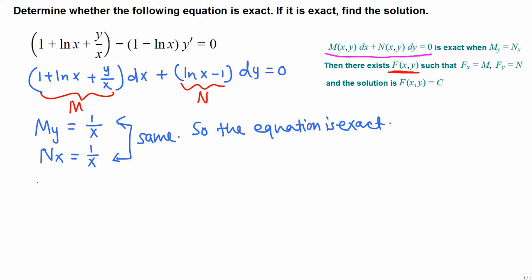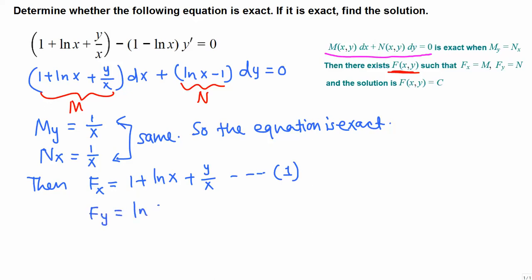So f_x is M, which is here 1 plus natural log of x plus y over x, call it equation 1 for future reference, and f_y is N, which is natural log of x minus 1, call it equation 2. We are trying to determine the unknown function f.